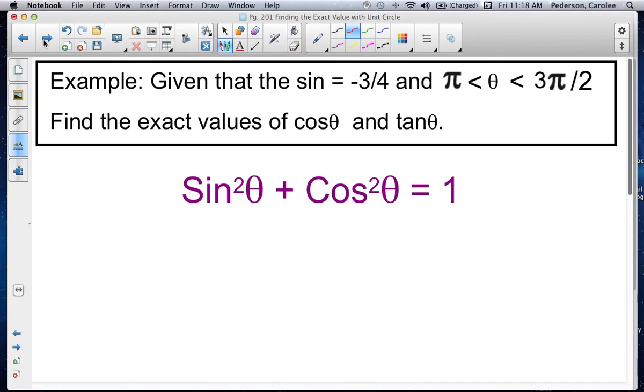Next example, given that the sine of theta is negative 3/4, and this angle now has a restriction, the angle is going to fall between pi and 3 pi over 2.